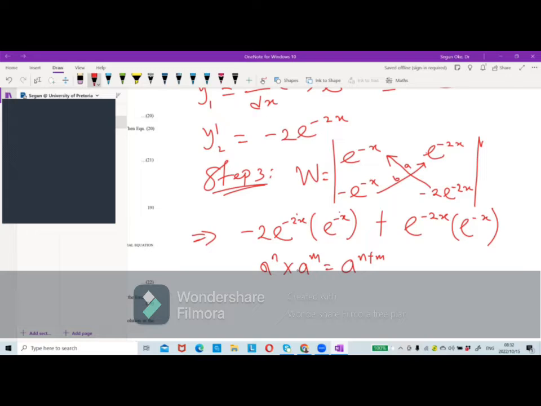It's not addition. You remember, multiplication, bracket means multiplication. Am I right? Then if bracket means multiplication, what do we have? That's minus 2 exponential minus 3x. Correct.